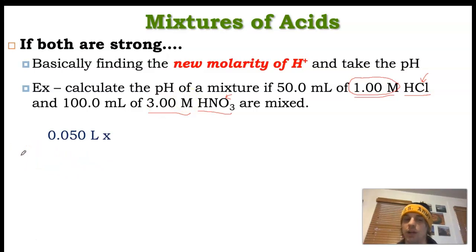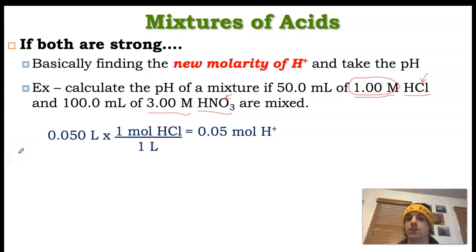To determine a new molarity, I first go to moles. So I'm starting with a volume of my acid. I turn that to moles. So this is how many moles of H, or HCl, I'm just focused on the H though, are in 50 milliliters of 1 molarity HCl. But what is my new concentration? My new concentration depends on my new volume.